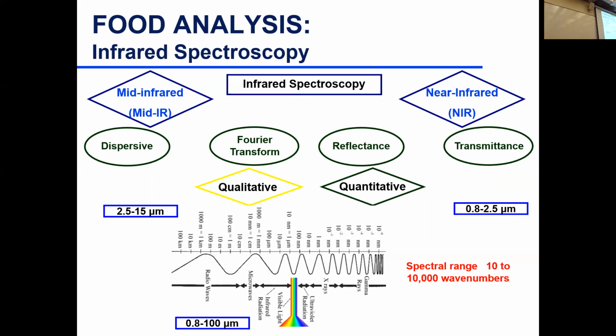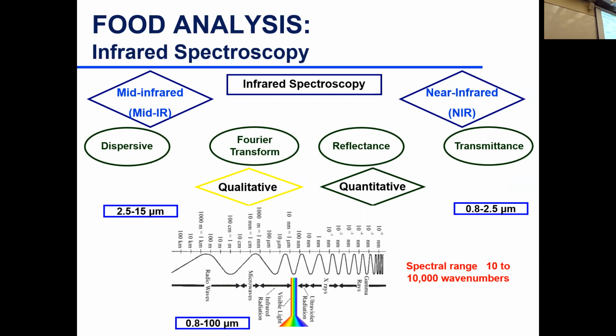Under infrared spectroscopy, there are different designs of analyzers or equipment. One is dispersive, that means based on dispersing or diffracting the light. There we use a monochromator, same as with regular UV absorption. One uses mathematical equations, we call them Fourier transform, to convert multiple absorptions at multiple wavelengths into a spectrum or fingerprint.